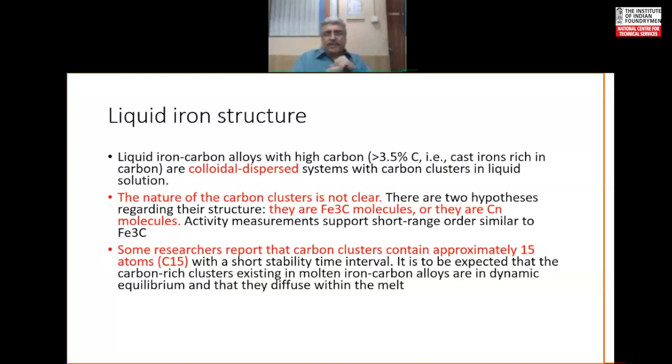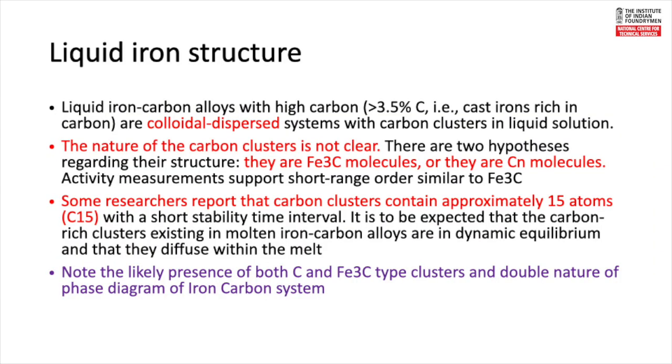Because in molten iron, when there is big movement happening all the time, it is liquid after all, there will be a dynamic equilibrium and there will be diffusion happening in the melt. But still, what is important to note is that in some form, either as Fe3C or as carbon molecule aggregates, there are concentrations available.